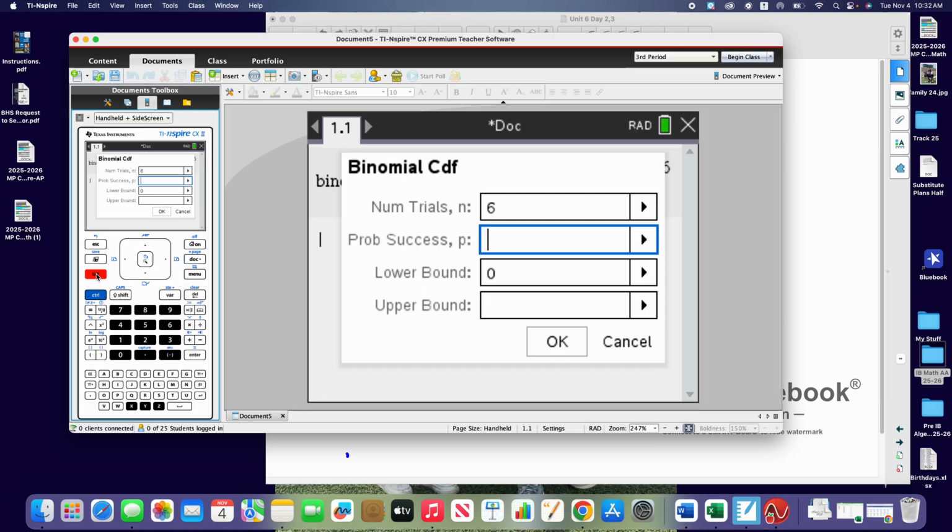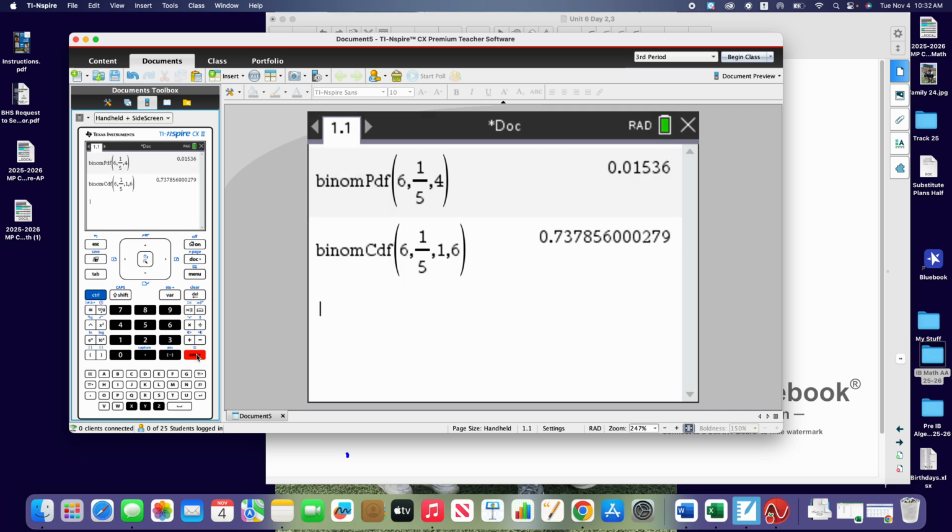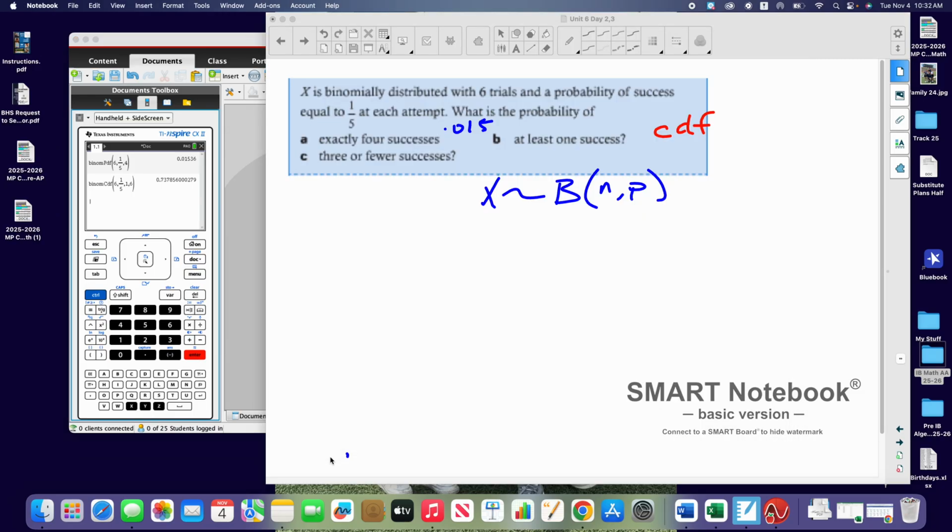What is the probability of success? 1/5 still. Now, what's the lowest value that I want? 1. The highest value I want is 6. And it's going to take all those and add them all together. All right? So the probability that I get at least 1 success is 0.738 is what I would say.